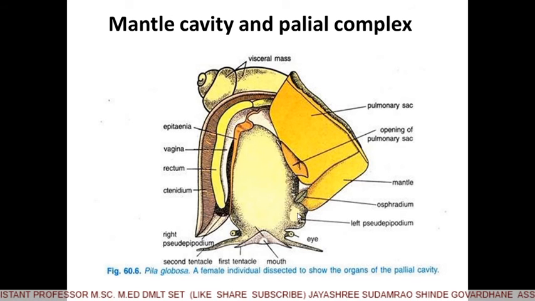Now see the rectum. It is a tube situated just on the left of the gill. Gill means this ctenidium.